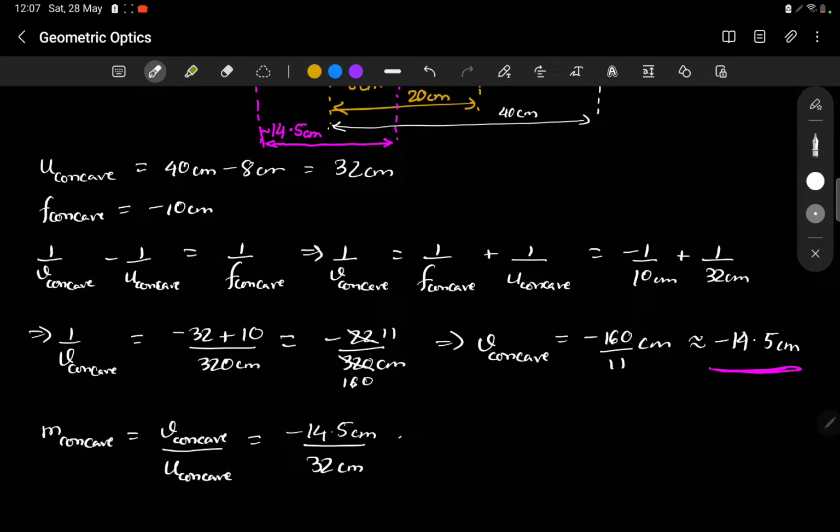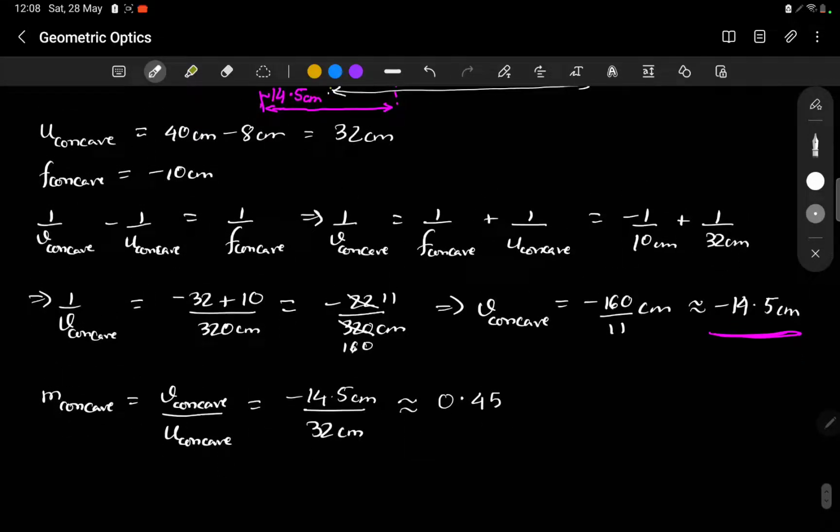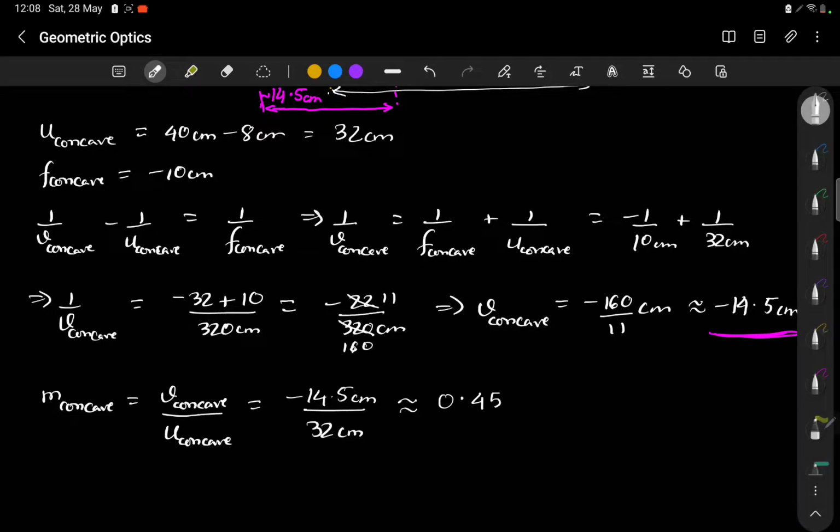Again, putting this in the calculator would give us approximately 0.45. This is the approximate value when putting it in the calculator. So we find out the magnification as well. Sorry, there's a negative sign out here.